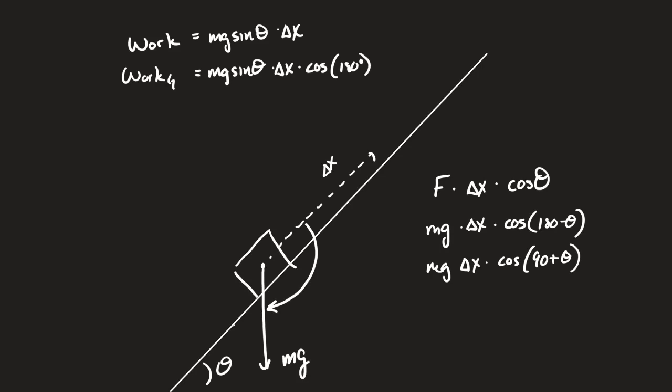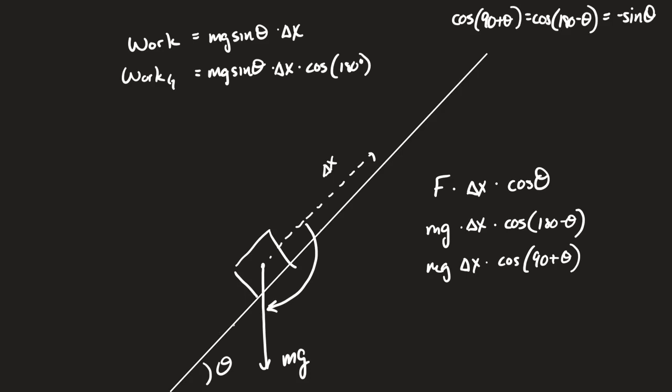So you're learning all about trig functions now. What you probably either don't know, haven't learned, or forgotten is that cosine of 90 plus theta equals cosine of 180 minus theta and equals minus sine theta.